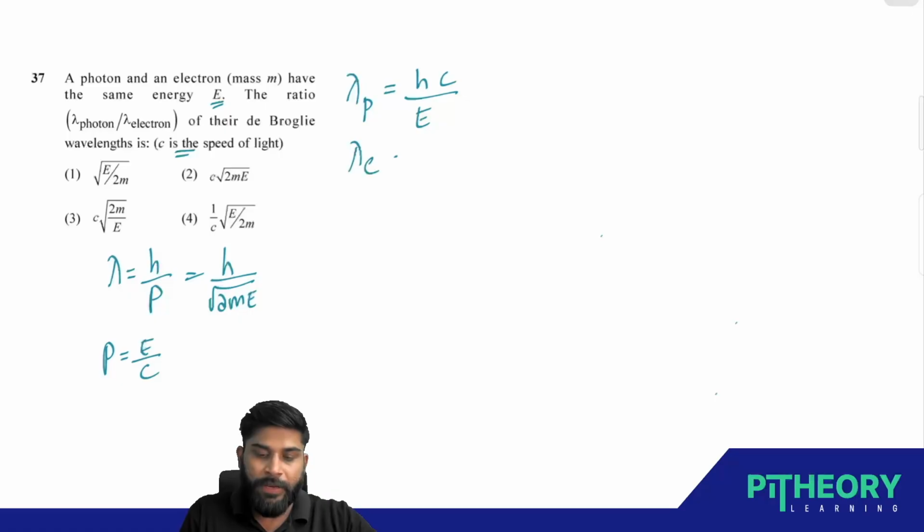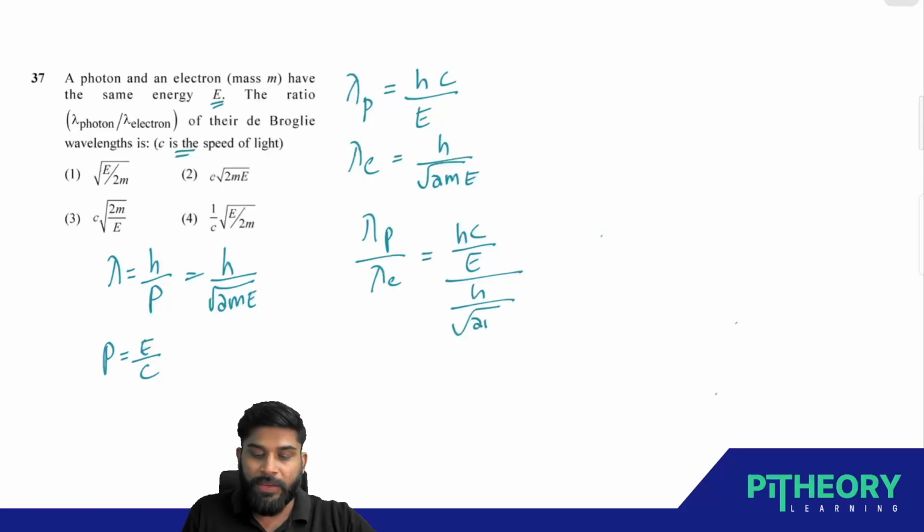That of the electron is h by root 2mE. Very clear now? So directly we can find lambda p divided by lambda e, which is hc by E divided by h by root 2mE. With reciprocal multiplication, hc by E into root 2mE divided by h.